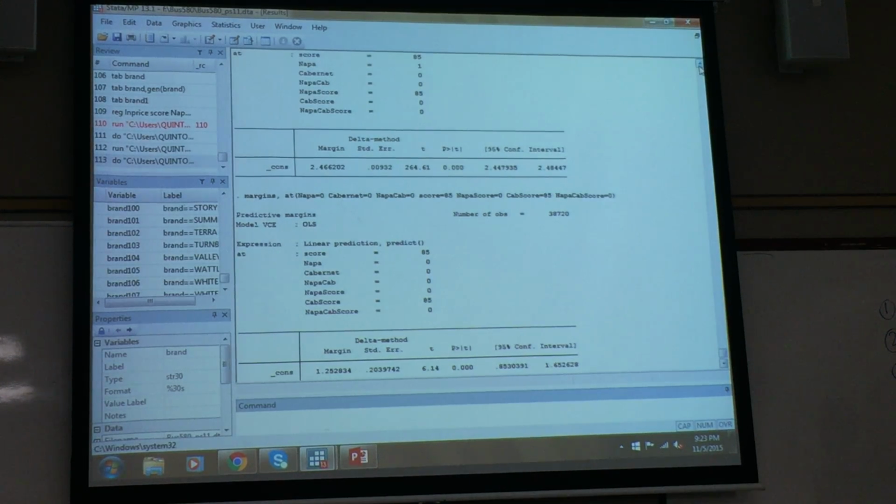Napa is 1, and cab is 0, so it's a Napa Zin. And then below that, we have non-Napa, non-cab, so it's the Sonoma Zin. Log price 2.4, log price 1.2. Take the difference, and that gives us our premium.